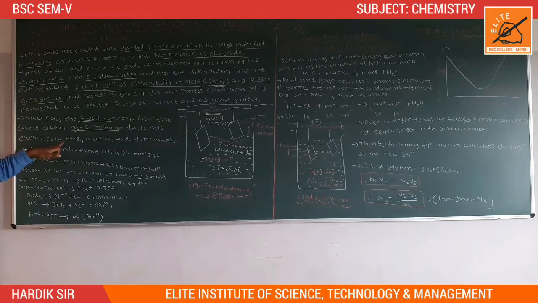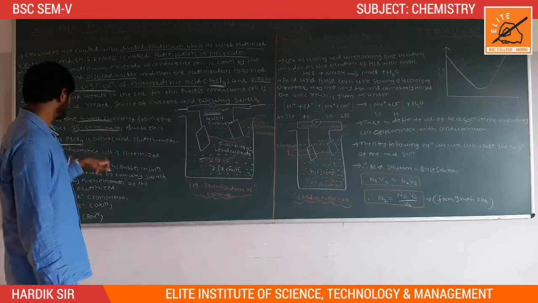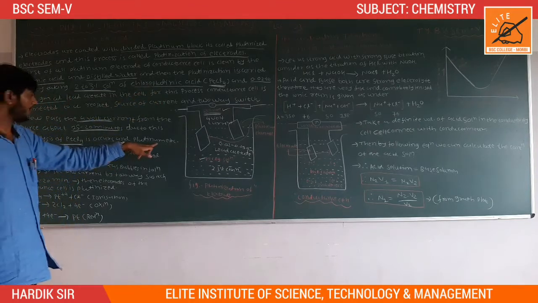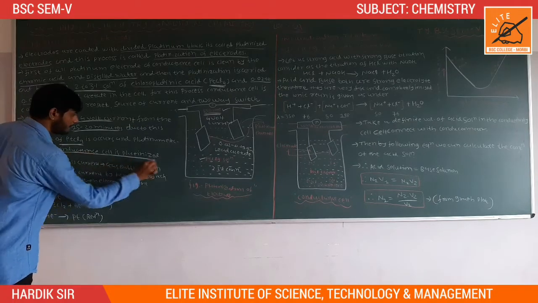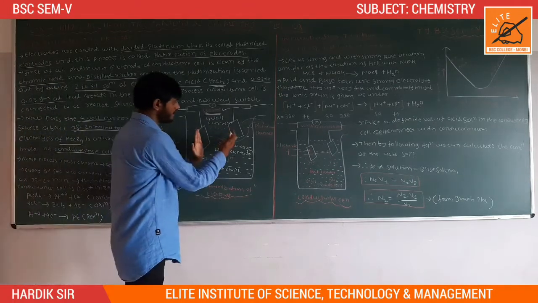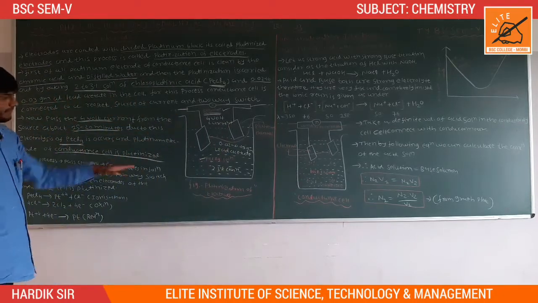Due to this, electrolysis of PtCl4, that is chloroplatinic acid, occurs and the platinum electrode of the conductance cell is platinized. This process is called platinization of electrode.